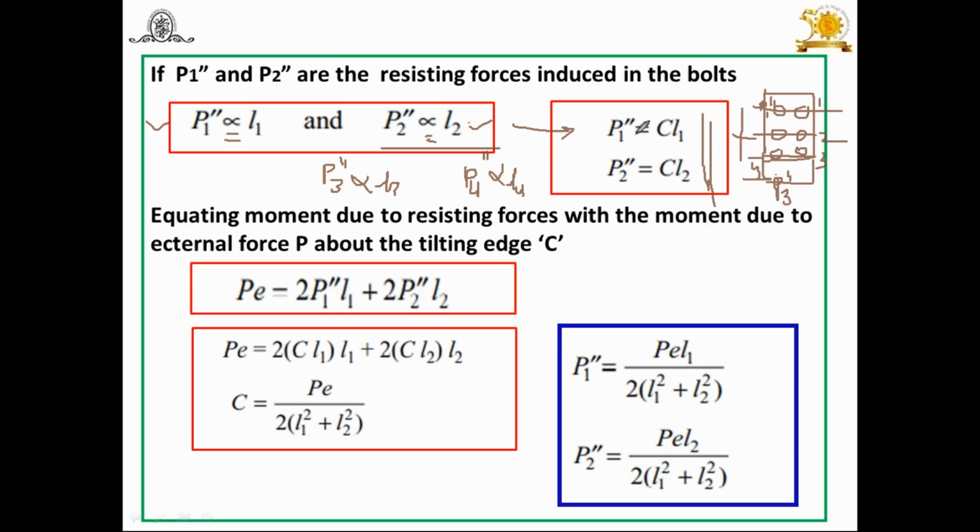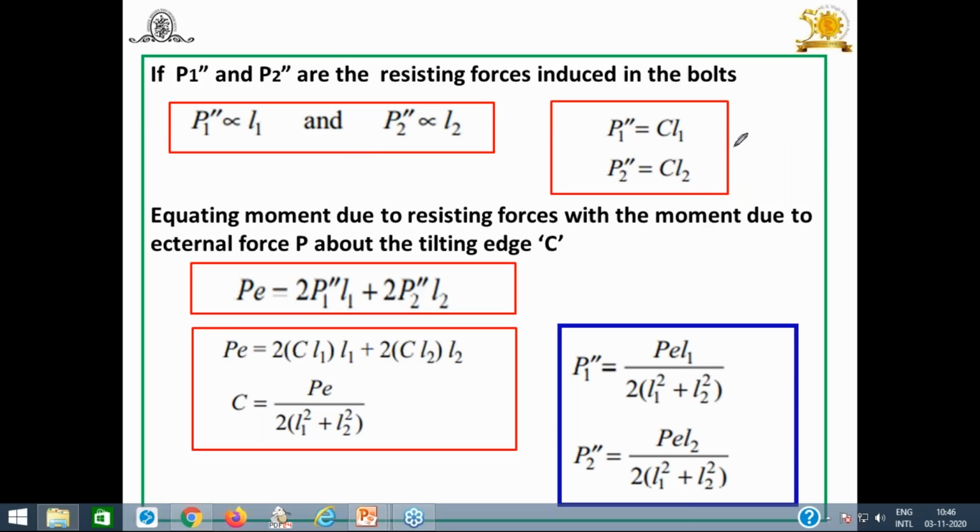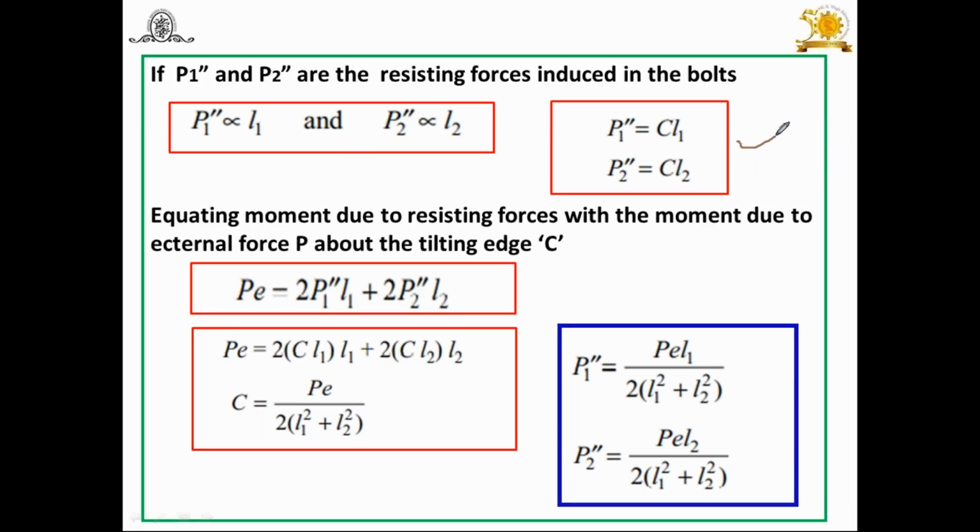Similarly, here also you can write P1 double dash is equal to CL1, P2 double dash is equal to CL2, P3 double dash is equal to CL3, P4 double dash is equal to CL4. Try to understand. So whatever may be the case, accordingly you can modify your expressions. Now here we have taken only 2 positions where 2 bolts at each position, total 4 bolts. We will carry out this analysis for the given figure.